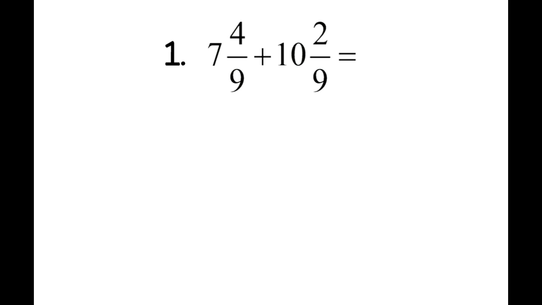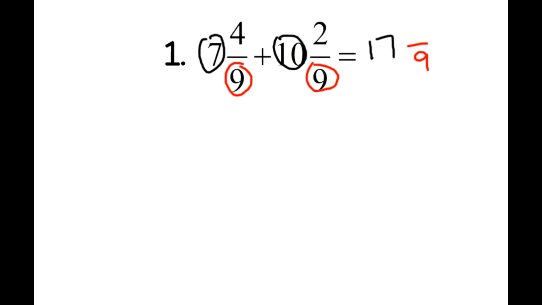Okay, number 1, I have 7 and 4/9 plus 10 and 2/9. So the first thing I do is I can add the whole numbers. So 7 plus 10 is 17. Then I can look to the denominators, and these are like fractions, and we know that because they have like denominators. So we know our answer will have a denominator of 9.